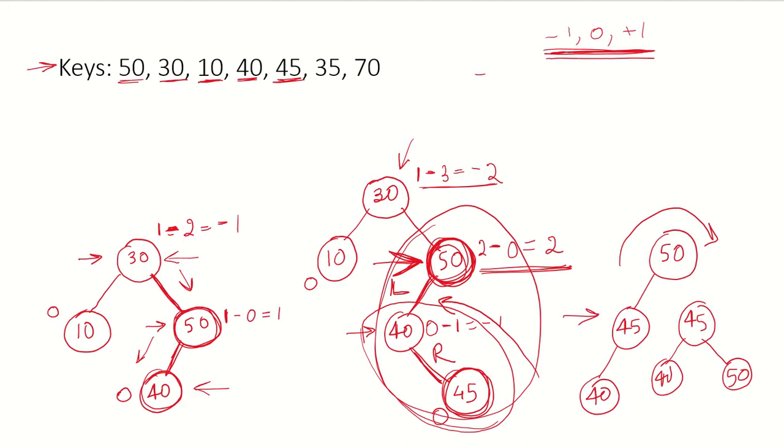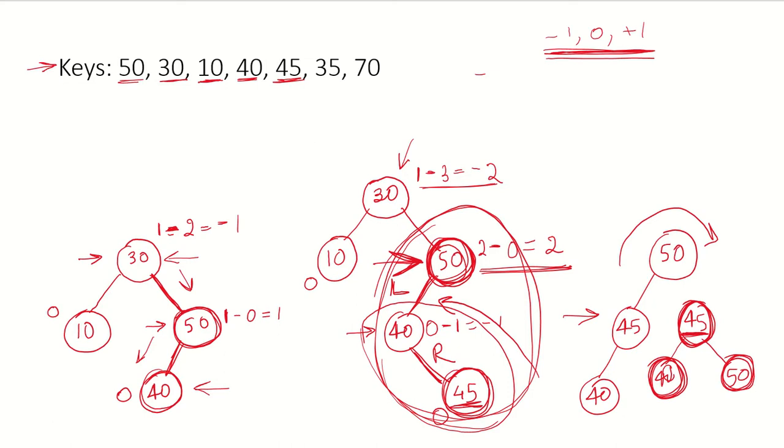As I have explained in my earlier videos also, always three nodes will be handled in the rotation. Whatever is the median value, after the rotation, the median value will come as the center node and the lower value would come as the left child and the higher value would come as the right child.